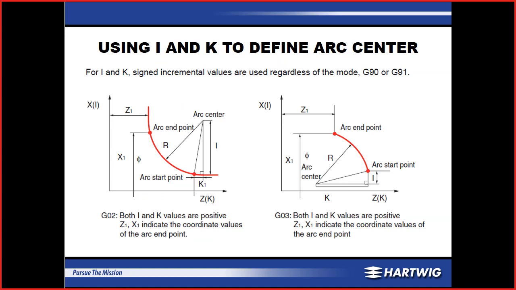As we see here in the figure on the left, this is going to have a K value of the difference in the Z axis from the center to the start point, and an I value of the distance from the center to the X position of the start point.